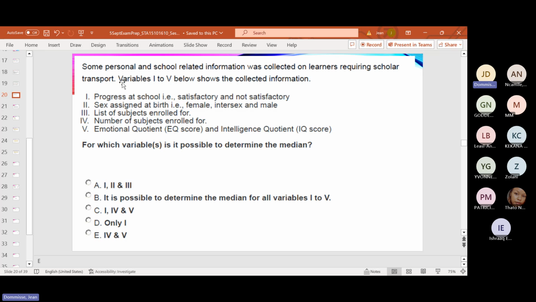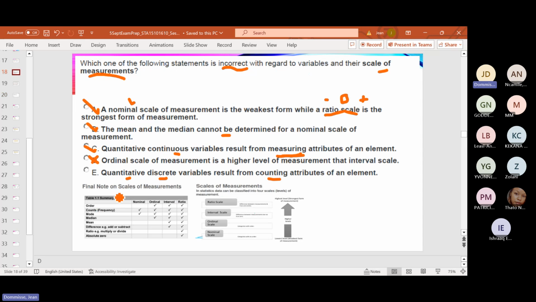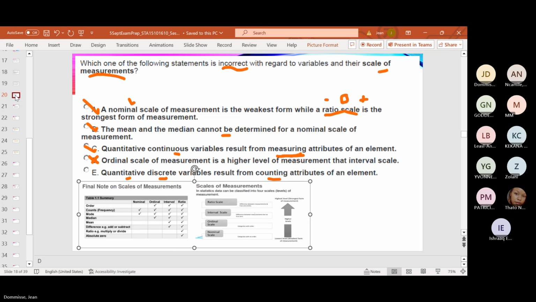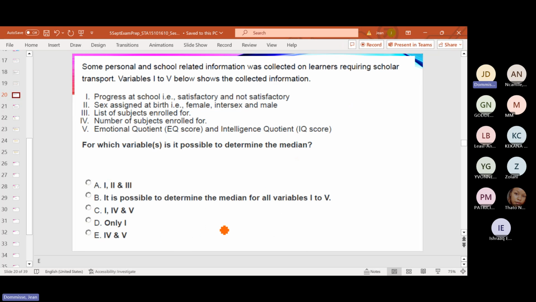Okay, so let's look at the next one, because I thought this was also quite interesting in how they ask it, and it's very much, again, if one takes the scales of measurement, we can actually use that in here as well.